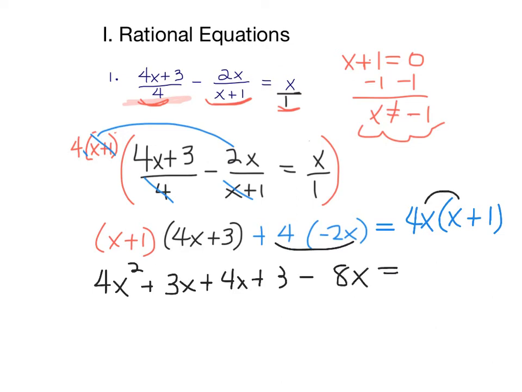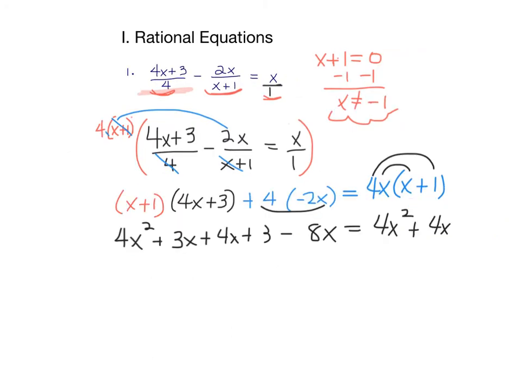On this side of the equal sign, I'm going to distribute. So notice I have some like terms here, the 3x and the 4x. So I can add those and a negative 8x here. So I get 4x squared. 3x plus 4x is 7x, minus 8x is negative 1x. And then I still have the plus 3.